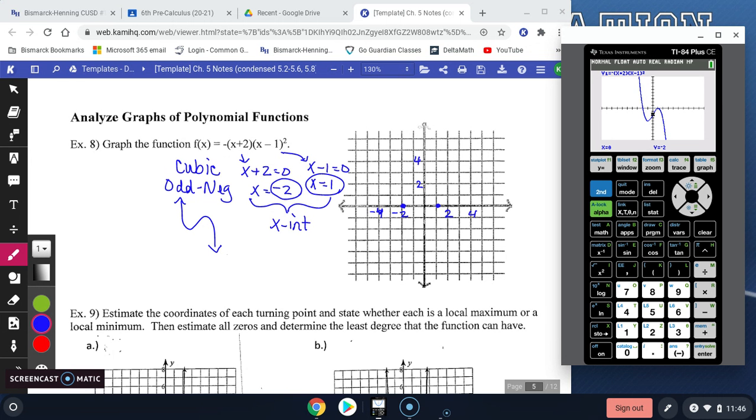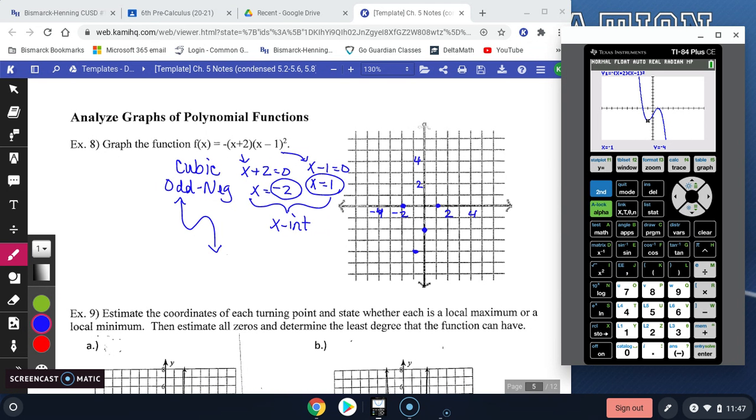So I've got the point 0, -2. So plot that point. And then if you look to the left, we kind of have a low spot. So if I go down there, I'm guessing it's at about a -1, -4. So I'm going to go ahead and put in -1 in my calculator, enter, and I was right. It's at a -1, -4.